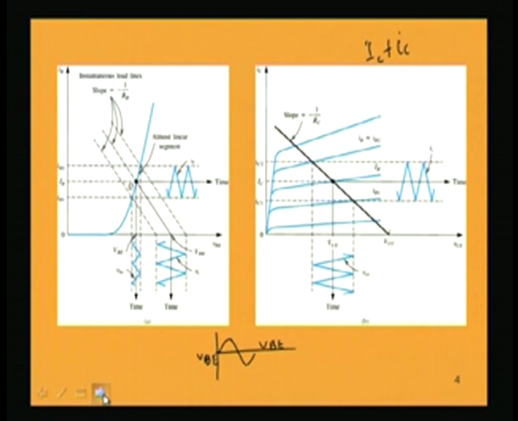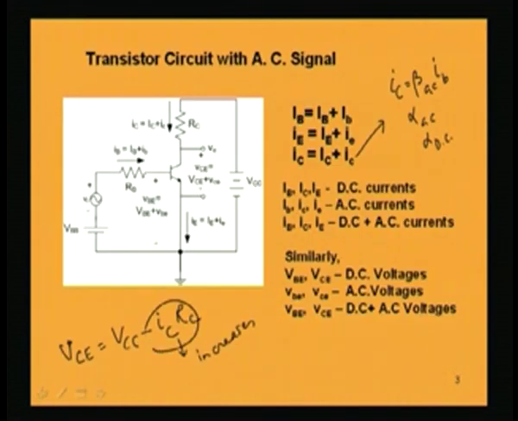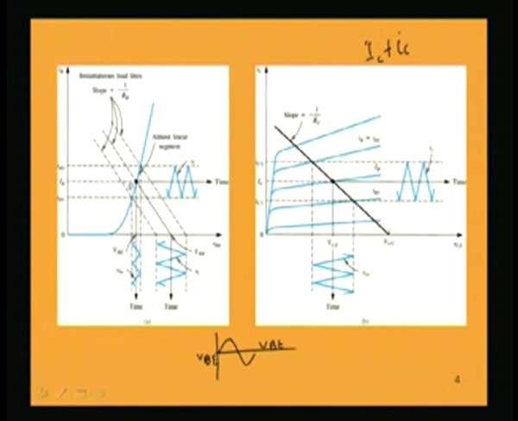This is an important fact to notice: when collector current increases, collector to emitter voltage decreases, because of this negative factor. Starting from the DC value, when IC is at its peak, we get the negative peak of VCE. This point is important. When IC is minimum, we get VCE maximum.